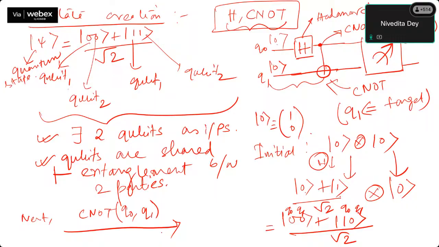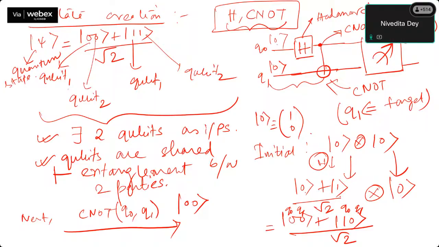Now if we apply a CNOT gate where q0 is the control and q1 is the target, the resultant state will look like this: 0 is control, and if control is 0, then we shouldn't do anything to the target. Where are we getting this from? From the truth table of the CNOT gate, which we learned yesterday.